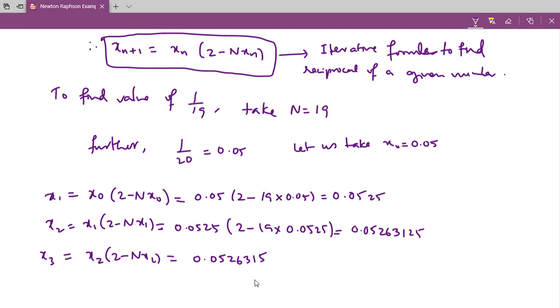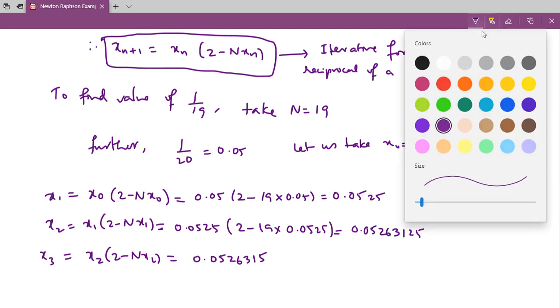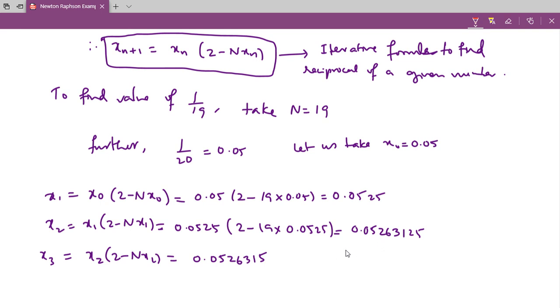So now see that x2 and x3 have the same values, 0.0526315. Therefore, we can conclude that the value of 1 by 19 is equal to 0.0526315 approximately. Up to 6-7 decimal places we have got.